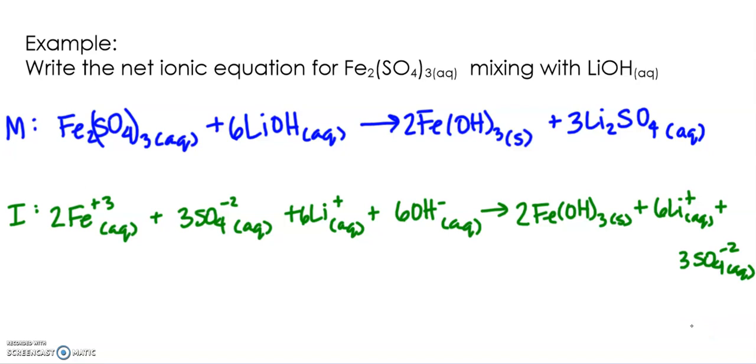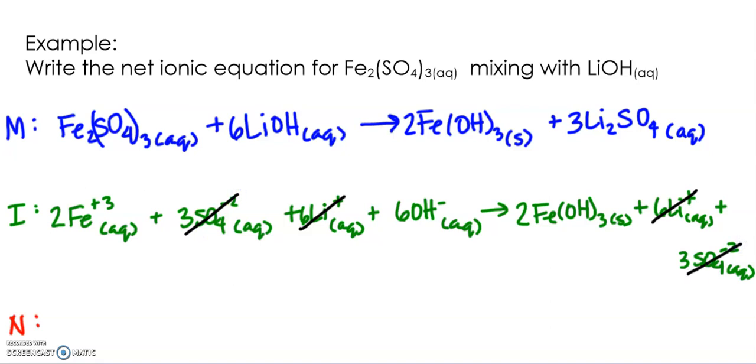Now when we write our net ionic equation, we're only going to write the things that make the solid. So I'm going to look at things that don't change. Our 6 lithium is on both sides, as is the 3 sulfate ions.